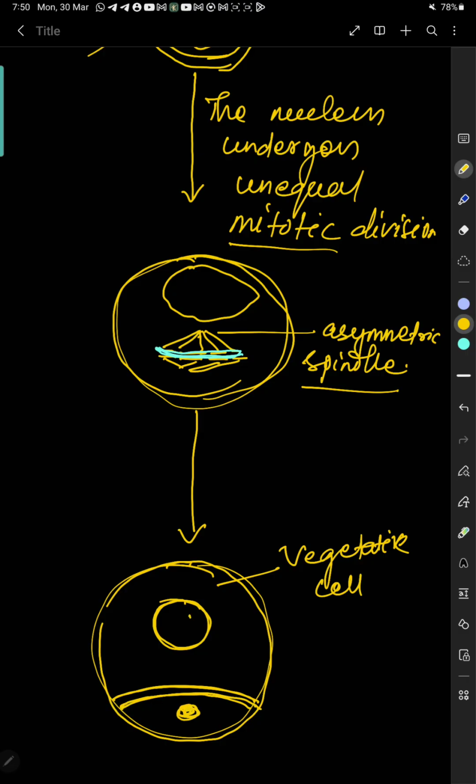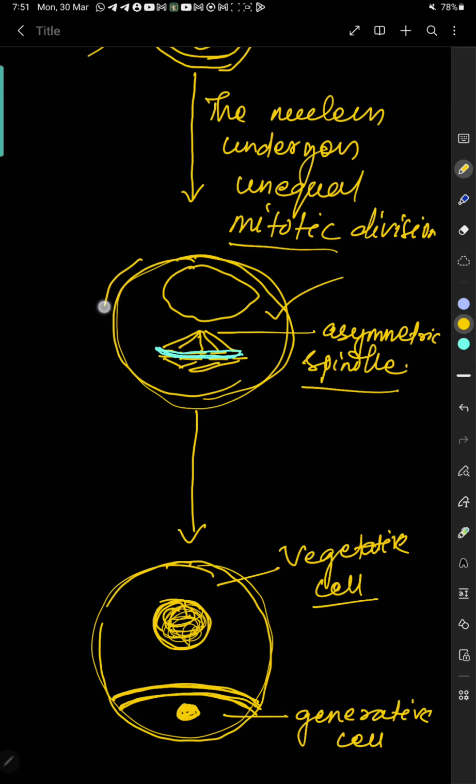These nuclei, one big and one small: the big one will remain in the cytoplasm of the big cell, and the small one gets separated by the cell wall, and it forms another small cell which is floating in the cytoplasm of the vegetative cell. This big cell we call the vegetative cell, and this small cell we will call the generative cell.